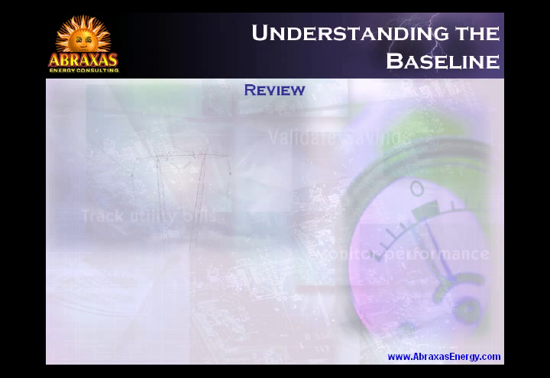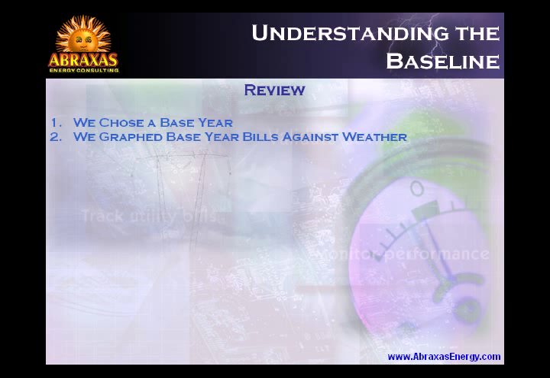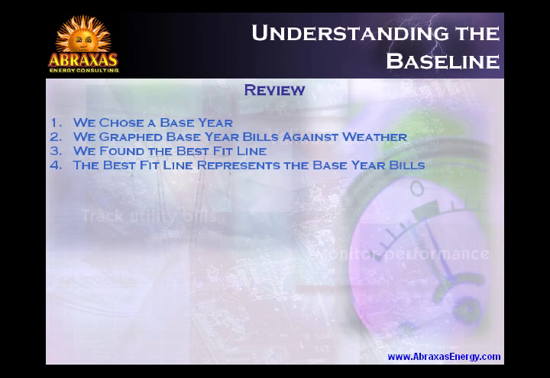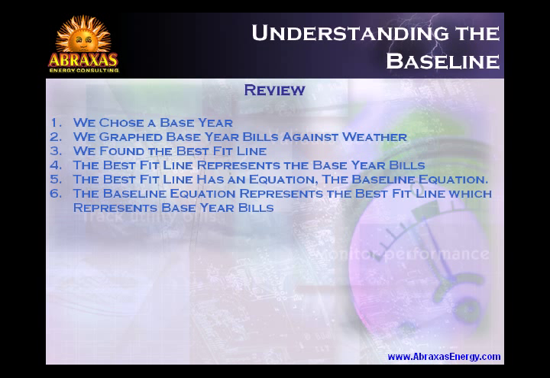Now let's do a quick review. We chose a base year, we graphed base year bills against weather, we found the best fit line, the best fit line represents the base year bills, the best fit line has an equation, the baseline equation, the baseline equation represents the best fit line, which represents the base year bills.